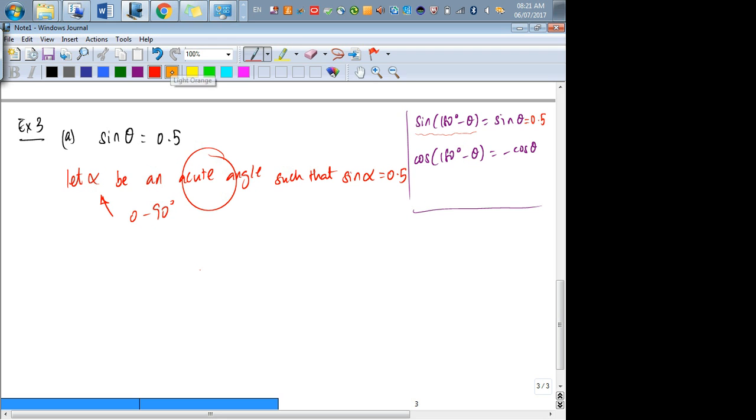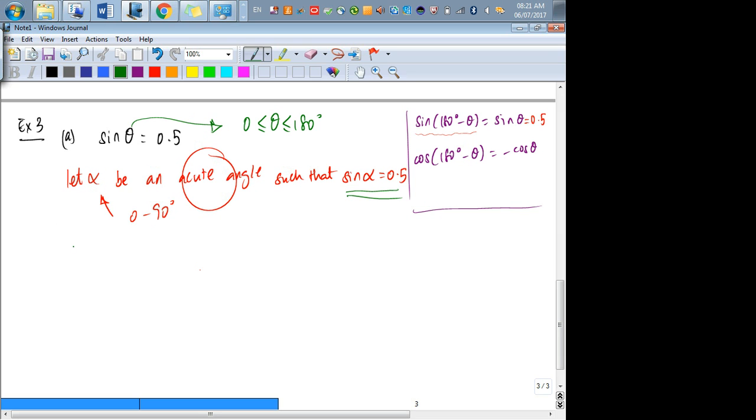Theta, they define it as from 0 to 180 degrees. That is given in your question. Now I define alpha to be from 0 to 90 degrees only. Okay, acute angle. So now I am going to solve this equation that I created.